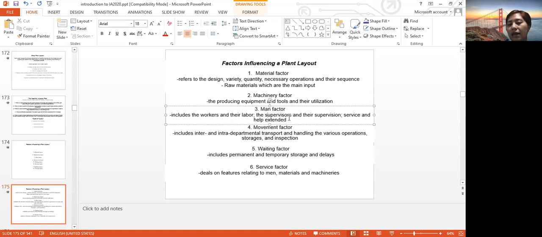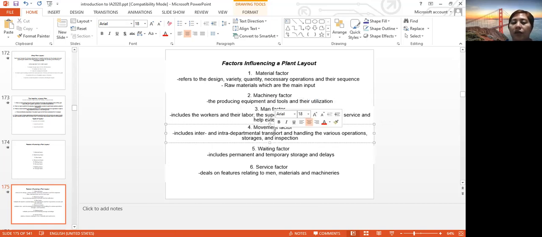What are their tasks? What should the office look like? That's why the man factor is also one of the factors influencing a plant layout. Take note, as we define plant layout, it is the arrangement of the shop that affects the psychological part, and it also directly or indirectly affects the efficiency of the worker.